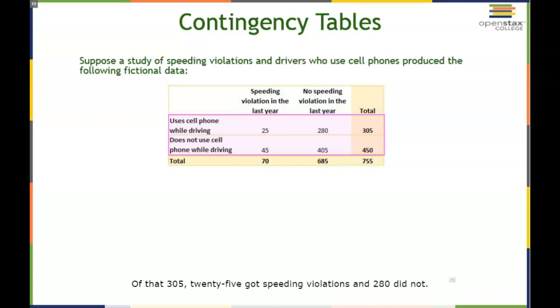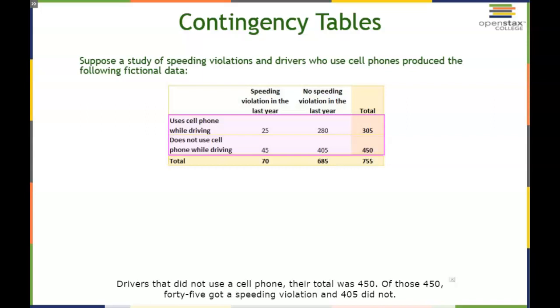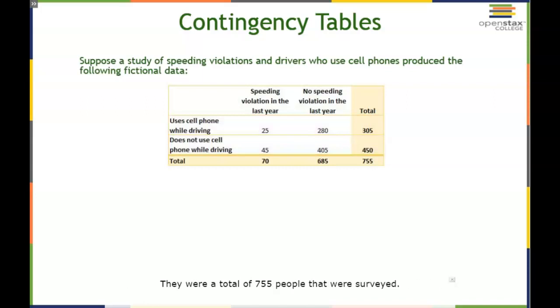Of that 305, 25 got speeding violations and 280 did not. Drivers that did not use a cell phone, their total was 450. Of those 450, 45 got a speeding violation and 405 did not. There were a total of 755 people that were surveyed.